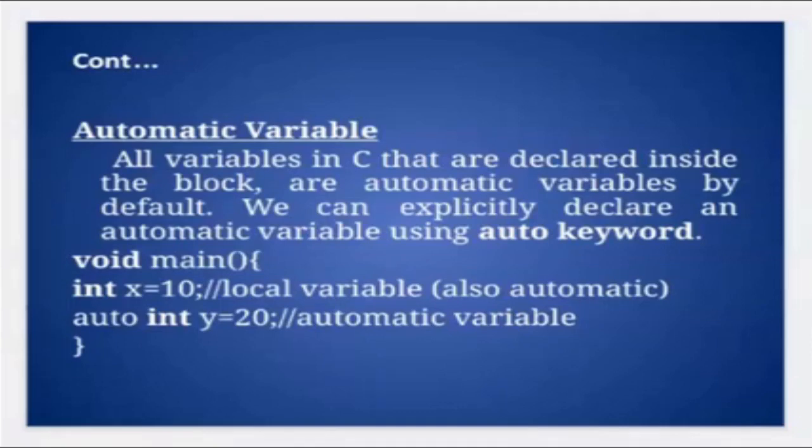So the difference between the local variable and automatic variable is that the local variable defines the position of the variable, or the scope of the variable, in a function, whereas the automatic variable defines the storage class of that variable. That is, the memory should be allocated within that block or function is the meaning of automatic variable.